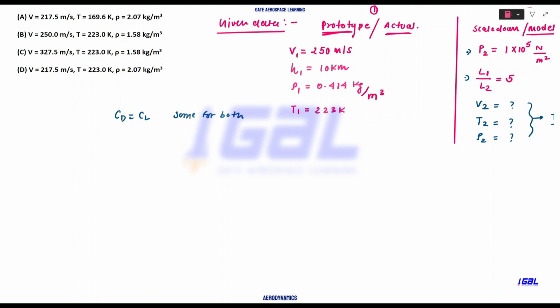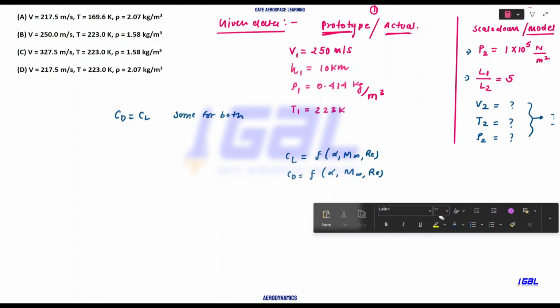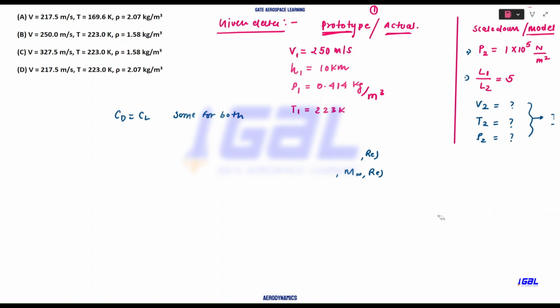Okay, and if you do the dimensional analysis, if you have studied that, CL becomes a function of angle of attack, Mach number, and Reynolds number. Similarly, your CD also becomes a function of angle of attack, Mach number, and Reynolds number. From here what have we understood? When you have this condition, your CL and CD are functions of angle of attack, Mach number, and Reynolds number.